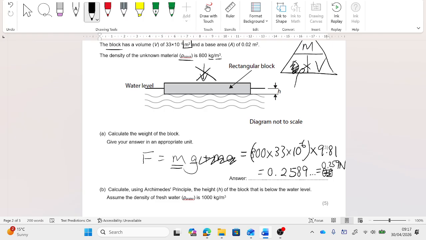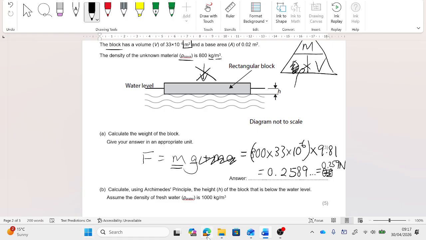Now, according to Archimedes' principle, the body submerged in a fluid is going to incur an upthrust onto the fluid, equal to the weight of the body.